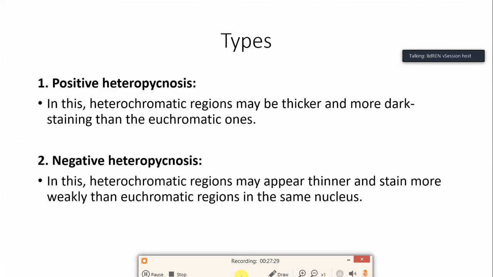There are two types: positive heteropycnosis and negative heteropycnosis. In positive heteropycnosis, the heterochromatic regions are thicker and take more stain than the euchromatic ones.